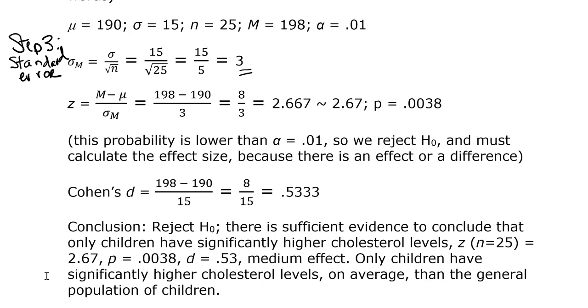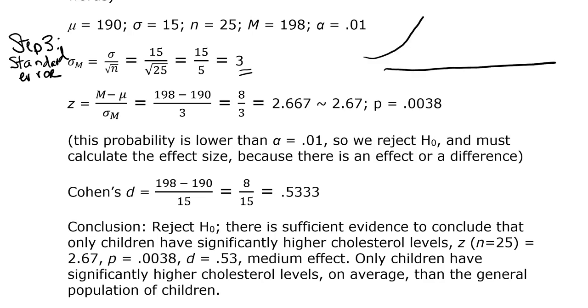So for our z-test, now what we need to do is plug in our numbers: our sample mean minus mu divided by standard error. So 198 minus 190 divided by 3 gives us 8 divided by 3, which is equal to 2.667, which gets rounded up to 2.67 so that we can look up the z critical value. Oh, and I forgot, once again, what are we looking for?